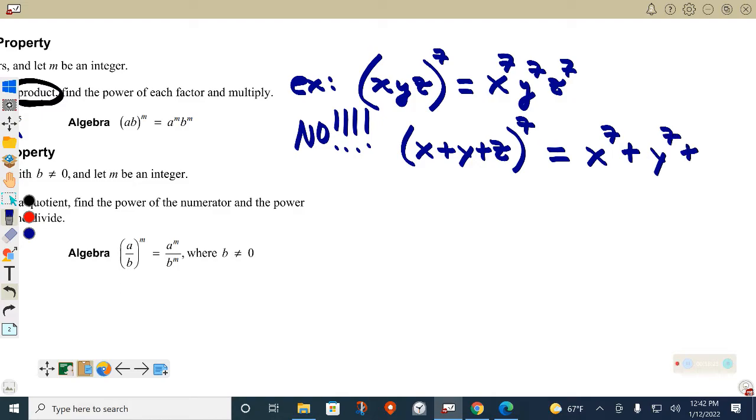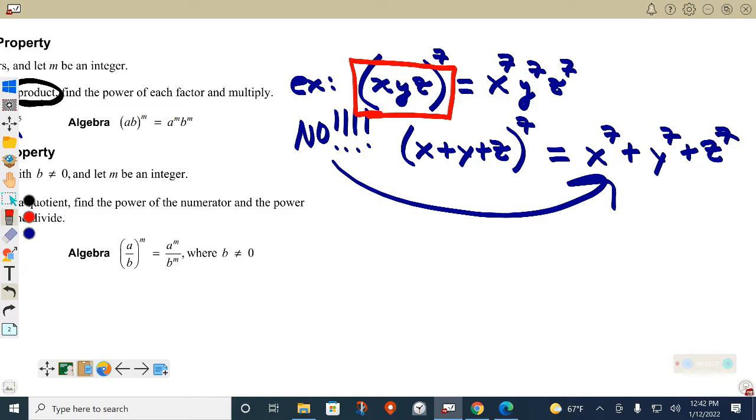No, no, no, no. No. This only works for multiplication, ladies and gentlemen, when stuff is being multiplied, not when stuff is being added. So put a big fat no. No. But yes right here, because this is all multiplication inside.